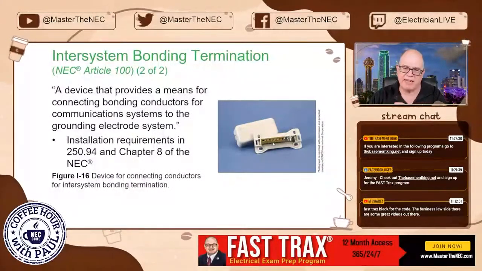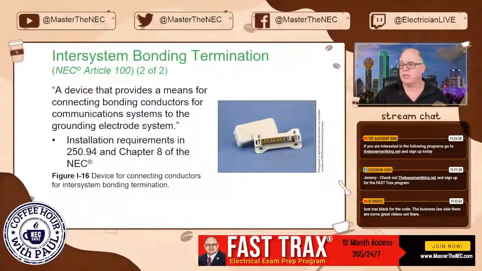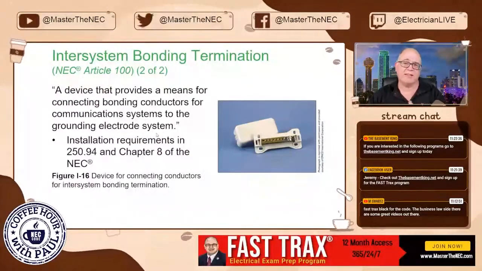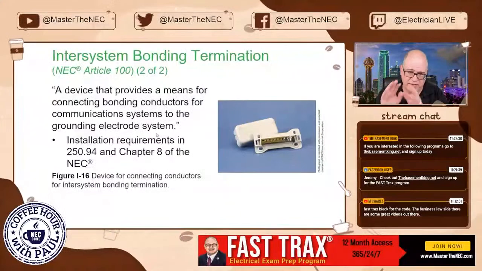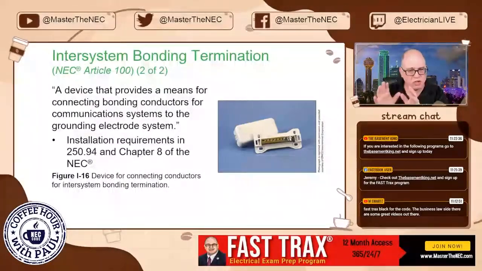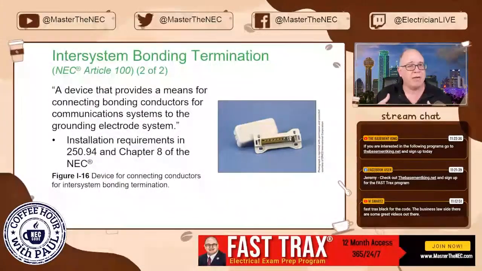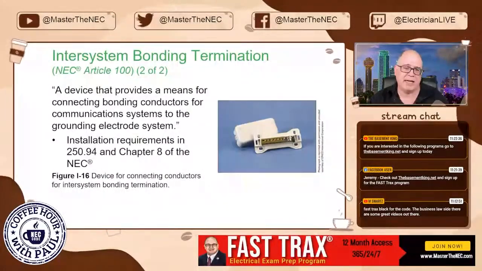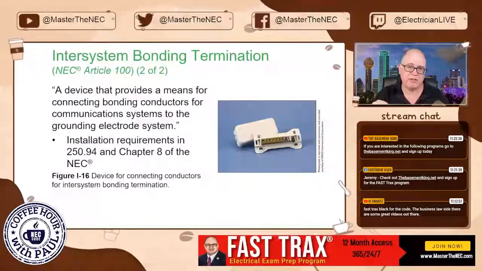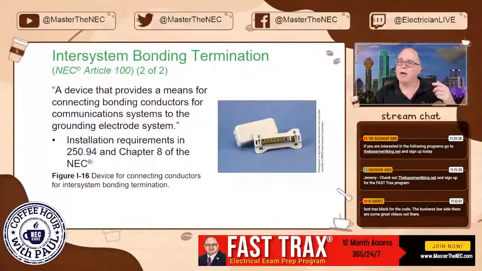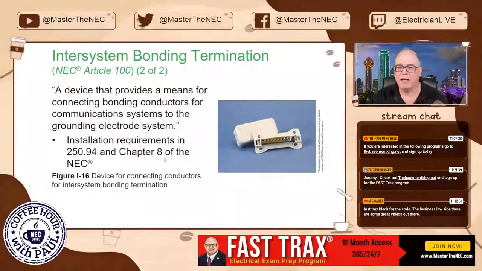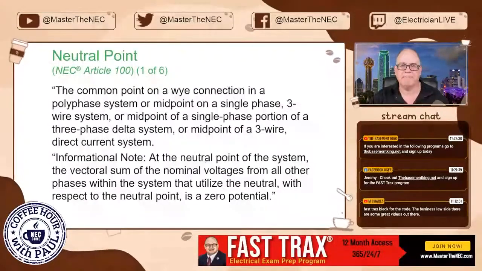But this one is only for communication systems. You also couldn't bring bonding for PV systems to this type of device, okay? They do allow you to install a bus bar under another option for intersystem bonding, where you could bring communication connections for their bonding, as well as bonding for PV or CSST and all that. They do give you more options, okay?